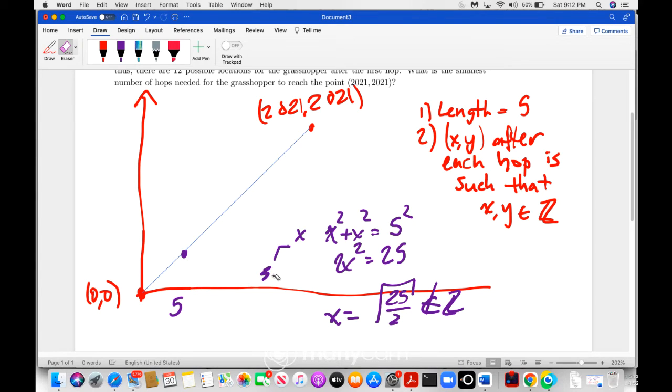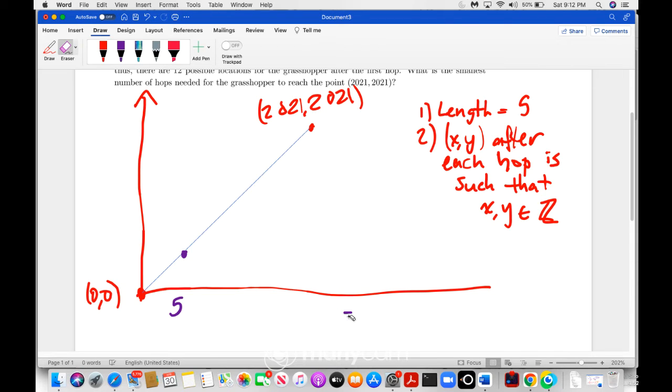So now you have to start thinking, well, is there a way that I can kind of get as close to that line as possible and land on integers? And the answer is yes, by using the idea of Pythagorean triples. So if I wanted to form a 3, 4, 5 right triangle, the length would be 5, and that means I would end on x, y coordinates that are either 3 or 4 respectively.